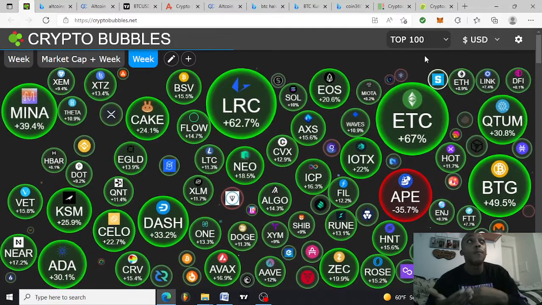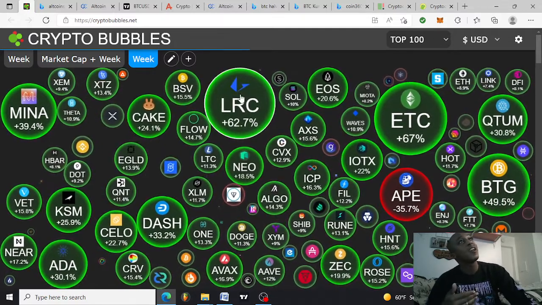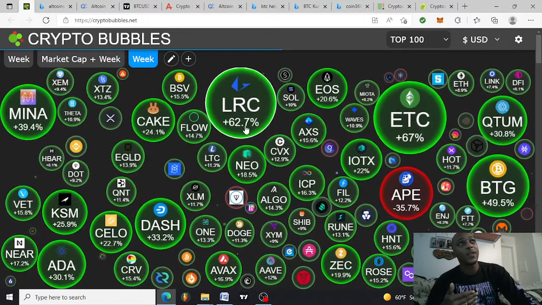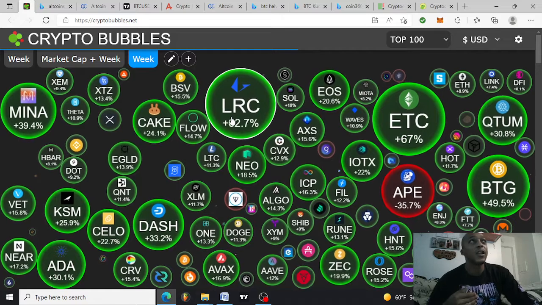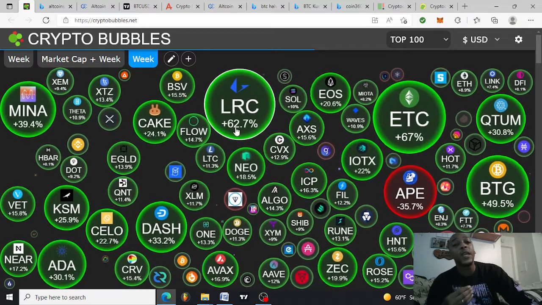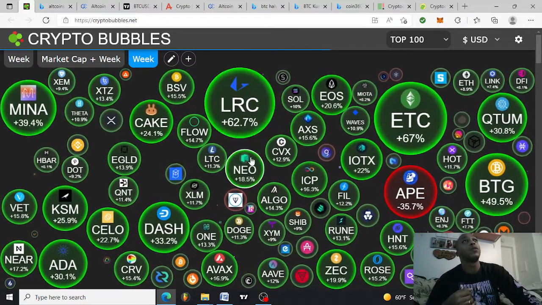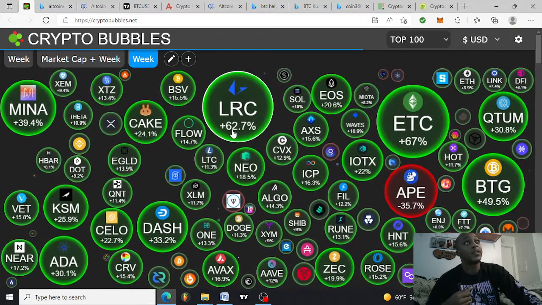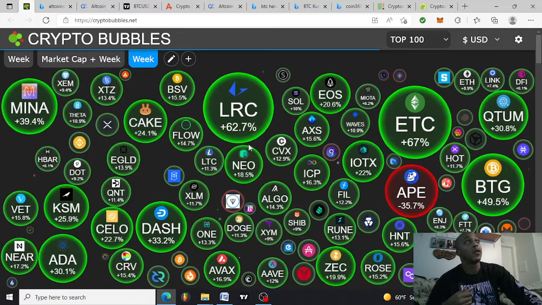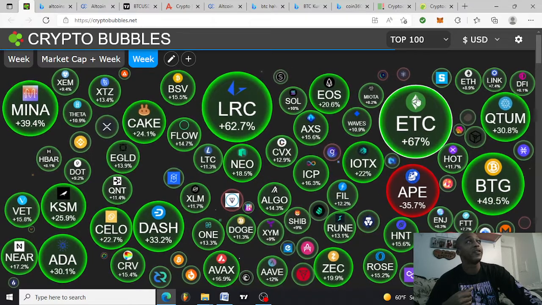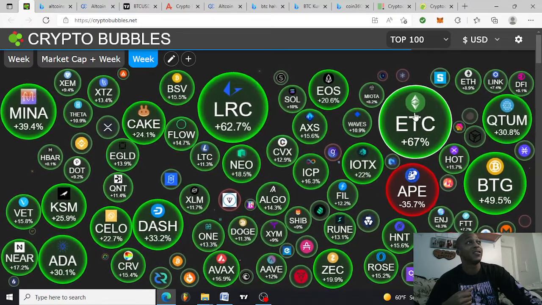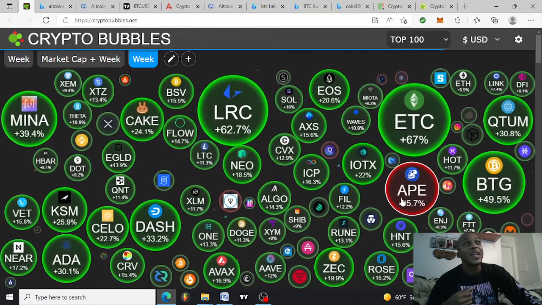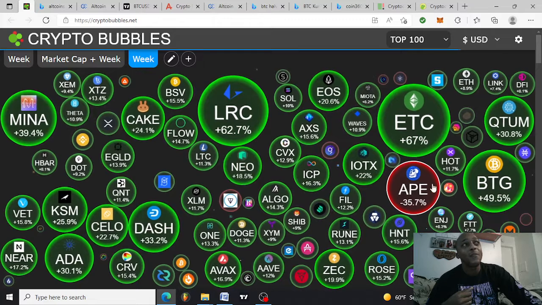I paid for a premium membership. A lot of these guys in the group went and did a leveraged trade on this. I missed the trade. I was at work. But they came out real good in profits. The price is up for LRC, the price is up for Ethereum Classic. Altcoin is down 35%, but it has a lot of money in this space. A lot of people are putting their money up in this.